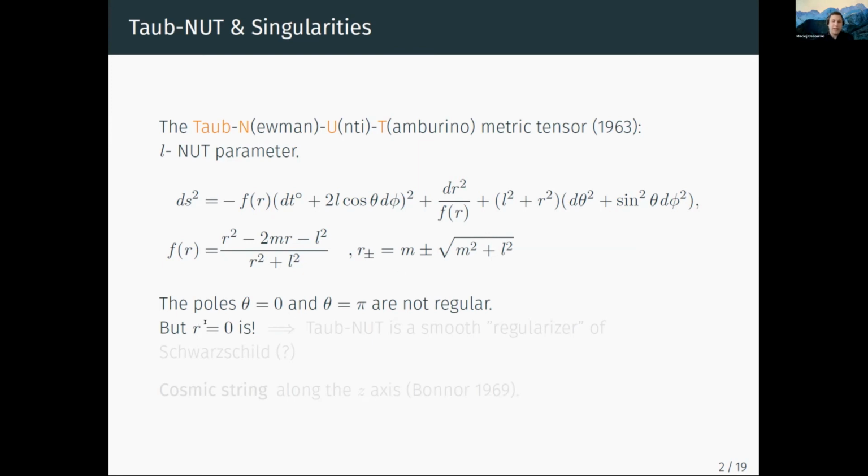Namely, the surface of R equal to 0 now is not singular, contrary to the Schwarzschild spacetime. So if you look at this function f and plug in R equal to 0, we get that it has a finite value. So this doesn't vanish, and also 1 over f doesn't blow up.